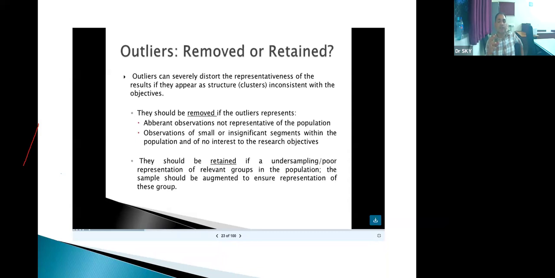So it is very important that all types of objects, variables, observations or units should be in the sample from the population to represent that population. If it is not so, then we are going to have a biased result. So what we do? We increase the sample size.